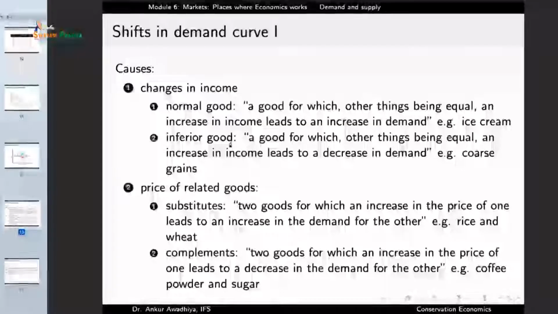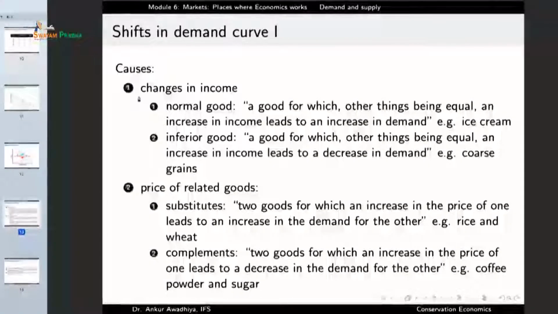Now, if your income increases to 50,000 rupees, will you be eating more and more of these coarse grains, or will you shift to finer grains? The answer is you will shift to finer grains. Probably you will shift your food habits to incorporate more of milk, or more of fruits, or more of meat. So the quantity of the coarse grains that you were demanding will go down. So this is an inferior good, a good for which, other things being equal, an increase in income leads to a decrease in demand, such as coarse grains.